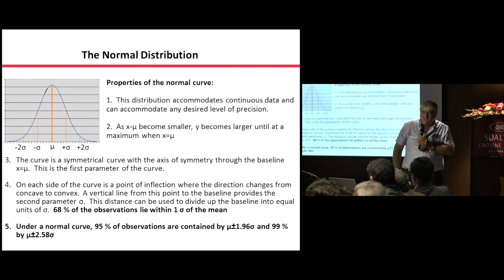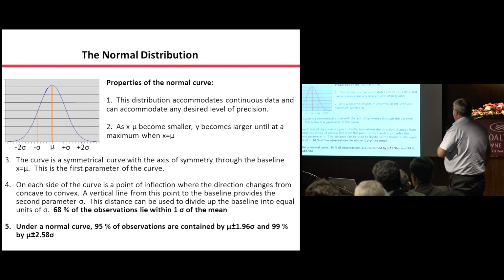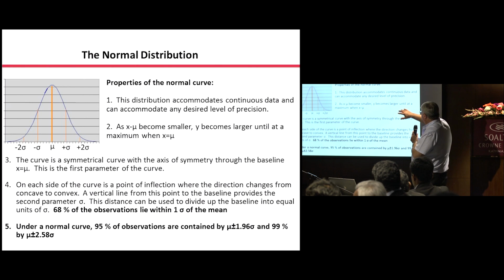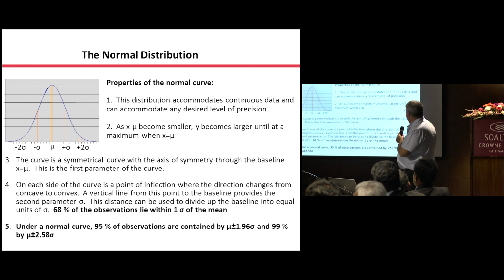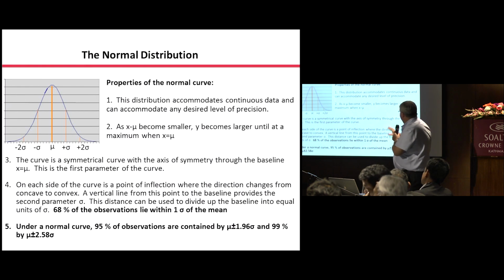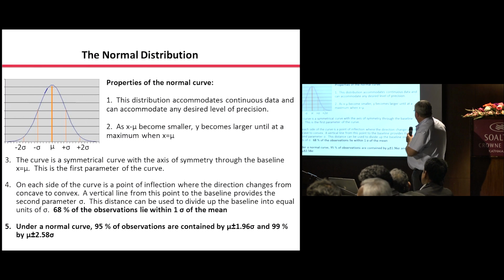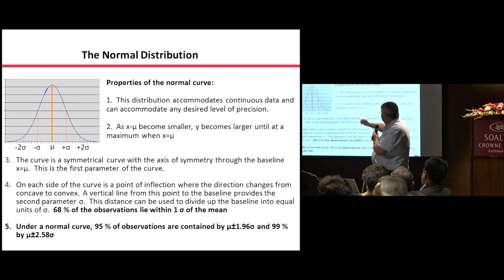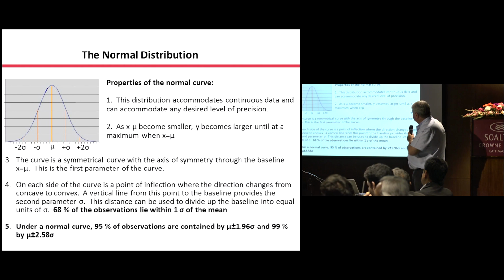The properties of the normal curve are you have a distribution that can accommodate continuous data to any level of precision. As the difference between the population mean and observations becomes smaller, y becomes larger, and theoretically you can reach a point where your sample mean and your population mean are the same.